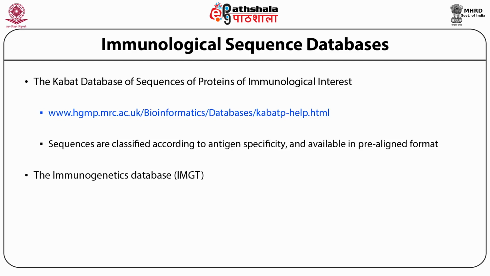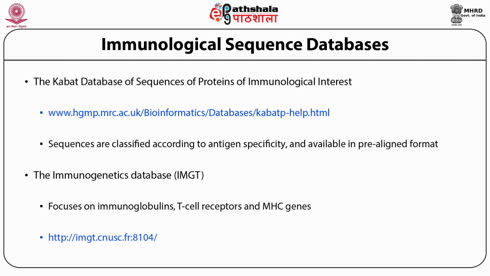Then the immunogenetics database focuses on immunoglobulins such as T cell receptors and MHC genes, what kind of antigen they could bind, and you can also get the number of antigenic sites present in a particular antigenic protein, and whether this protein is virulent or not. All this information is available in the immunological sequence database.